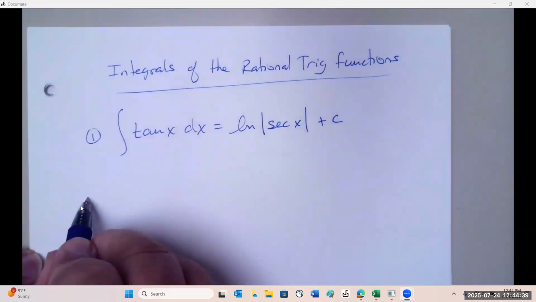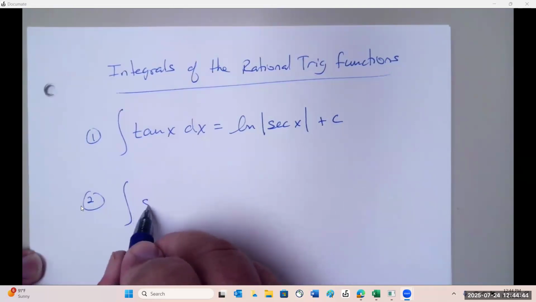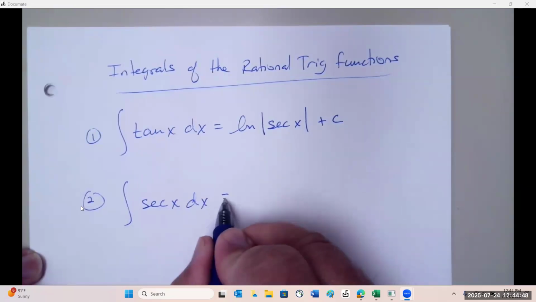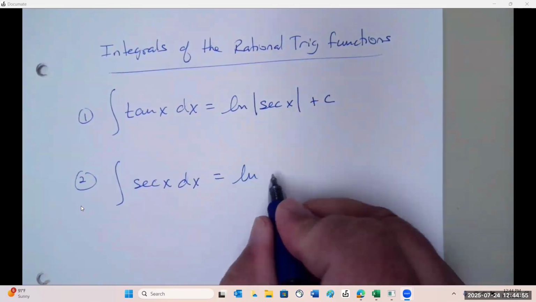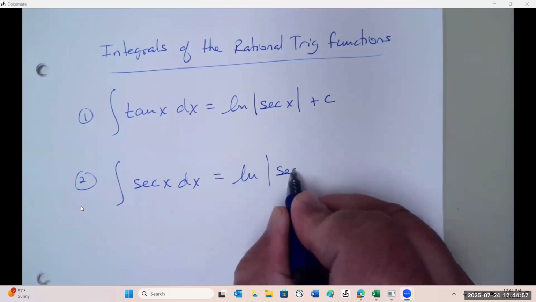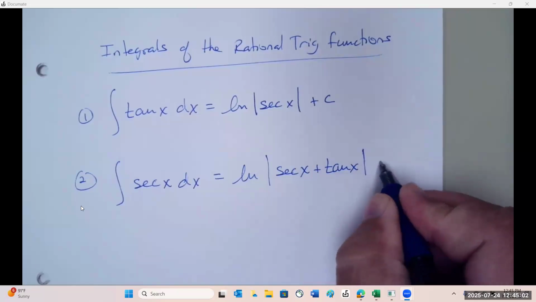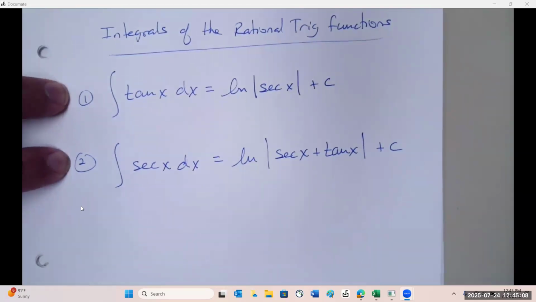That's the first one. The integral of secant x dx, we just did that one. Both of these we just did earlier as examples.